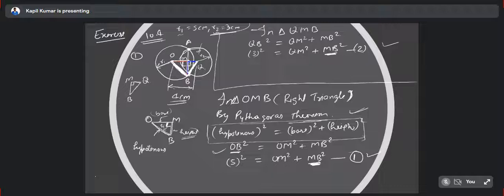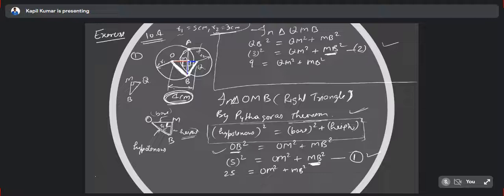So let's do it. If you square this 5, it will become 25. So 25 is equal to OM square plus MB square. And if you square 3, it will become 9. So 9 is equal to QM square plus MB square. One more thing which is also given is this 4 centimeter.